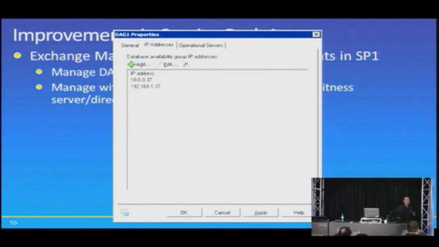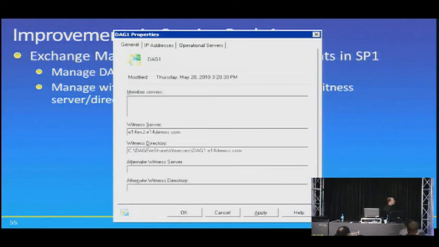Okay, so you can go to the properties of the DAG. You can add multiple IP addresses in here if you've got a multi-subnet DAG, and that completes the GUI experience. You can now completely build and configure a DAG using the console. You don't have to use the shell for IP addresses. Also in RTM, you had to use the shell for setting the alternate witness server and alternate witness directory.